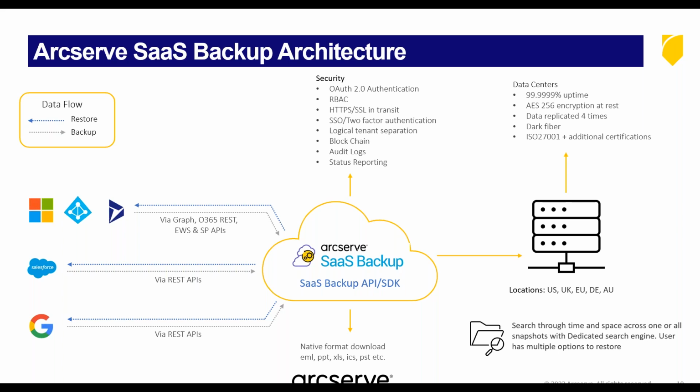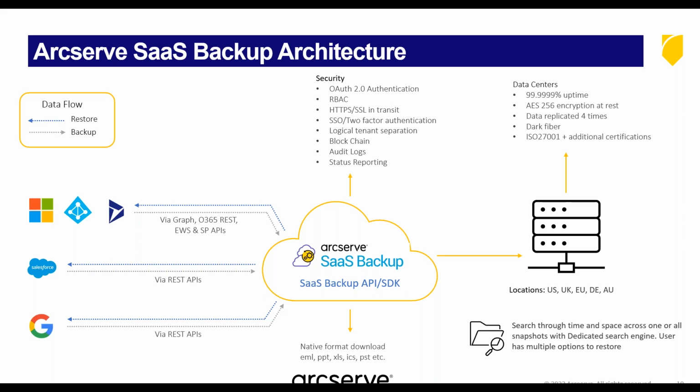Okay, data is backed up to the selected data center location, and for our location at this moment, the closest one is probably Australia. With the infrastructure in place, the data center can provide you 99.9999, a six nines uptime.